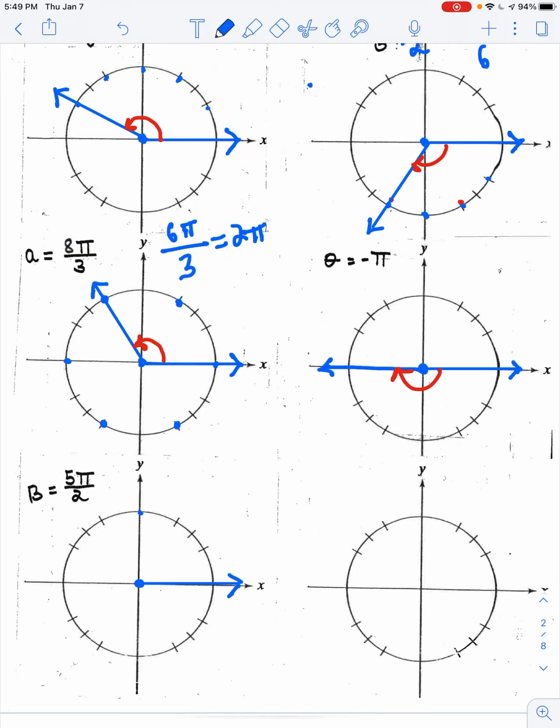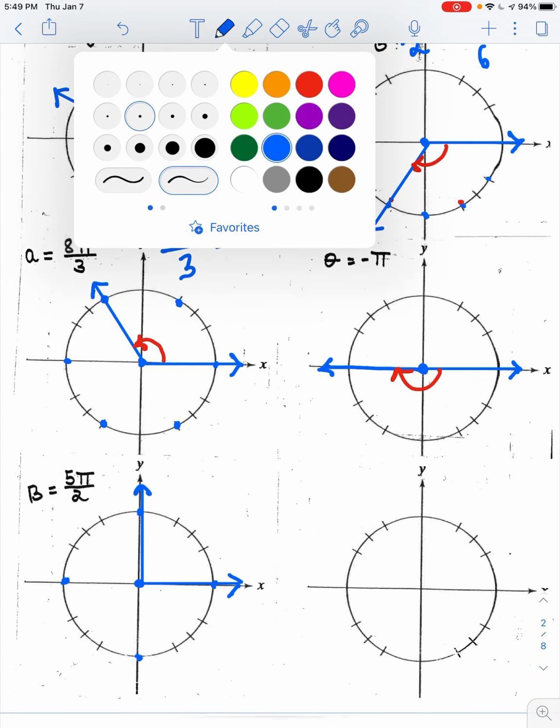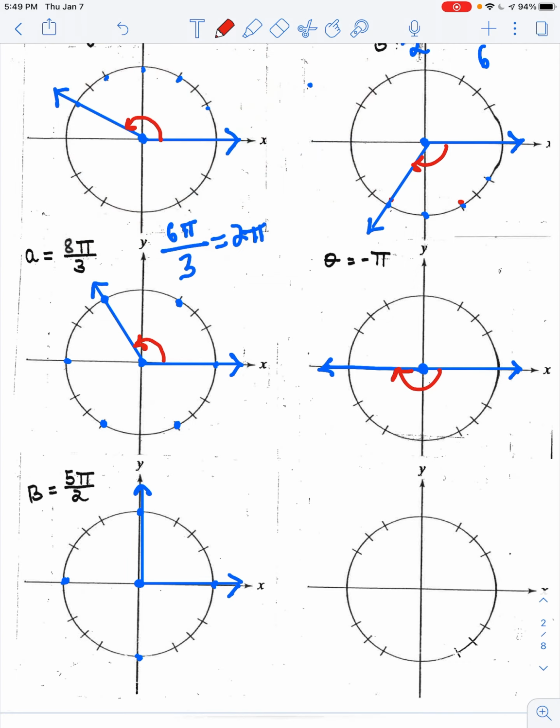So this would be my first multiple of pi over 2, second, third, fourth, fifth. So that angle would be right there. And we would have gone 1 revolution plus. I hope that makes sense to draw an angle in standard position.